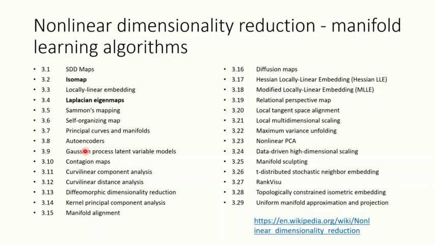Okay, if you search online, there are many manifold learning algorithms, and we will only discuss Isomap and Laplacian eigenmaps. They're relatively simple, but there are others that follow almost the same idea. So you have this manifold structure in your mind.